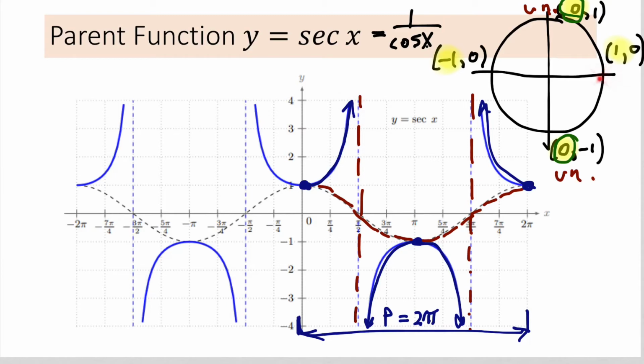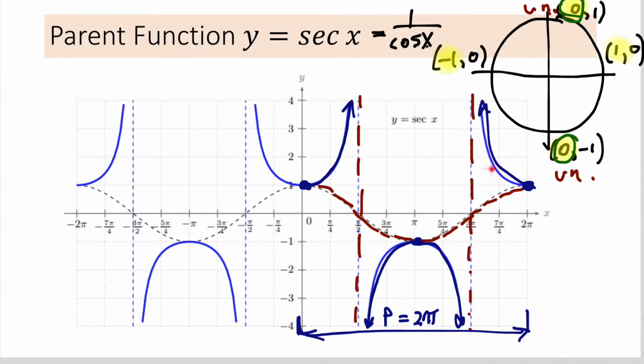So if I'm going around my unit circle, my cosine is getting smaller and smaller and smaller. So here's my largest cosine value at 1. My smallest cosine value is 0. So if you get really close to 0 and you're a very, very small number, then 1 over that very, very small number becomes a very, very large number. So that's why we approach infinity as your cosine gets very small.